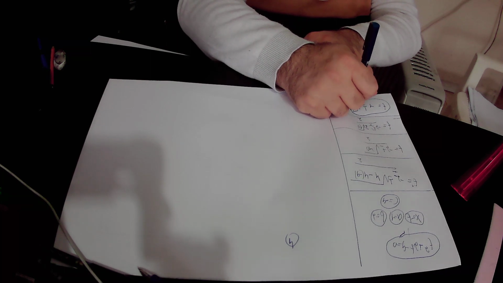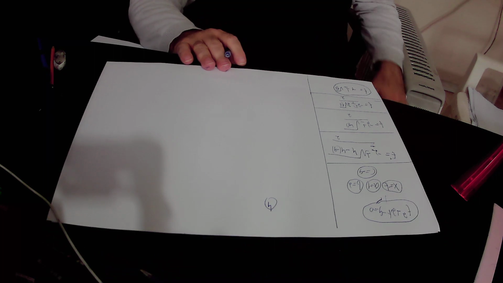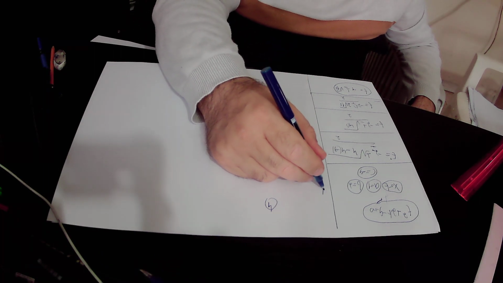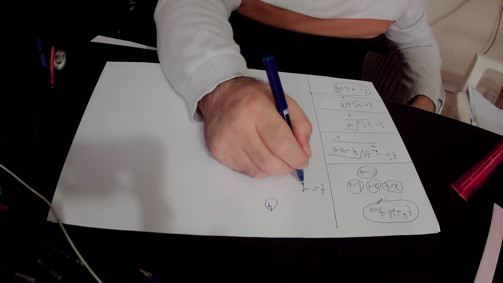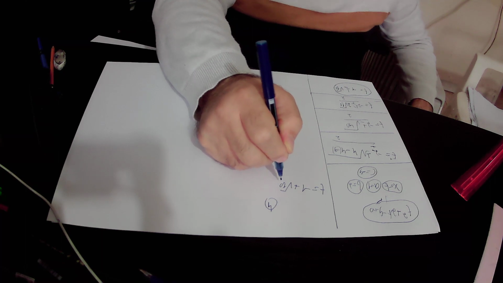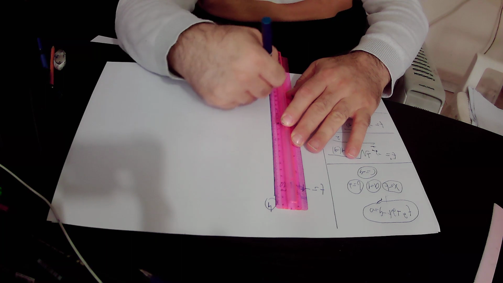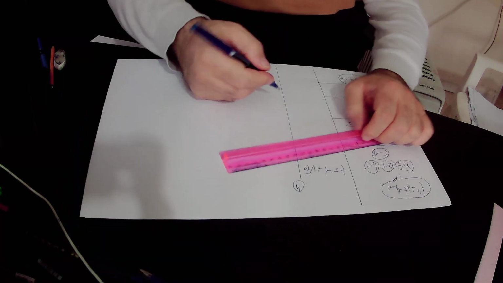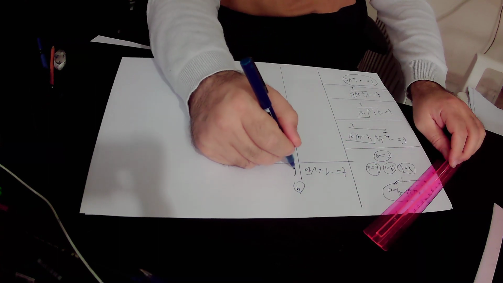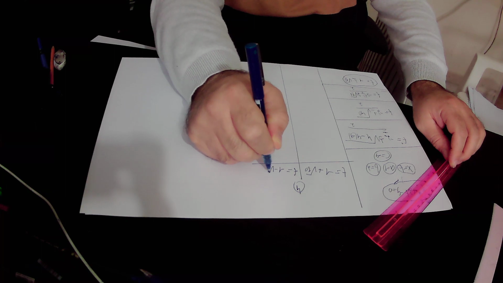That is to say, t has two different solutions. The first solution is t equals minus 1 plus square root of 10, and the second solution is t equals minus 1 minus square root of 10.